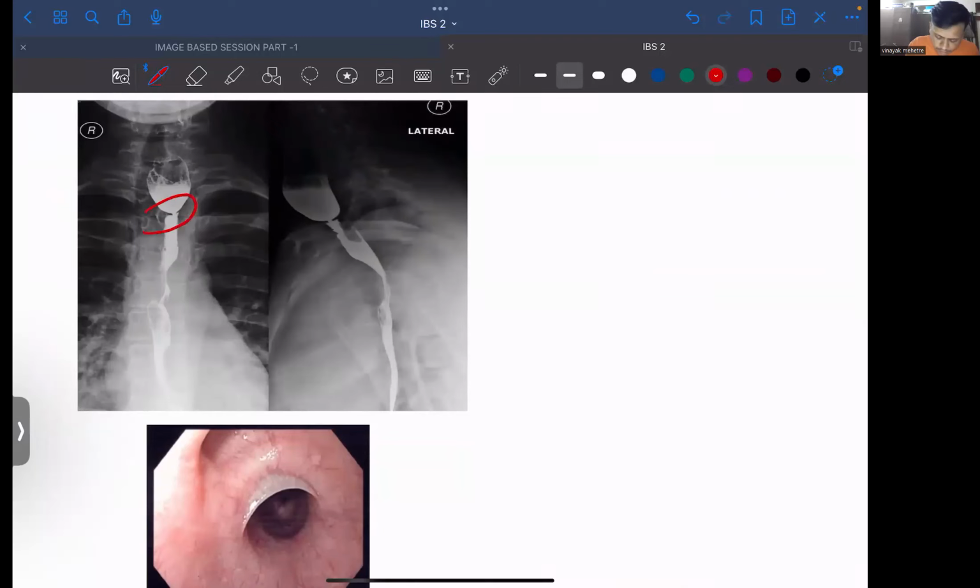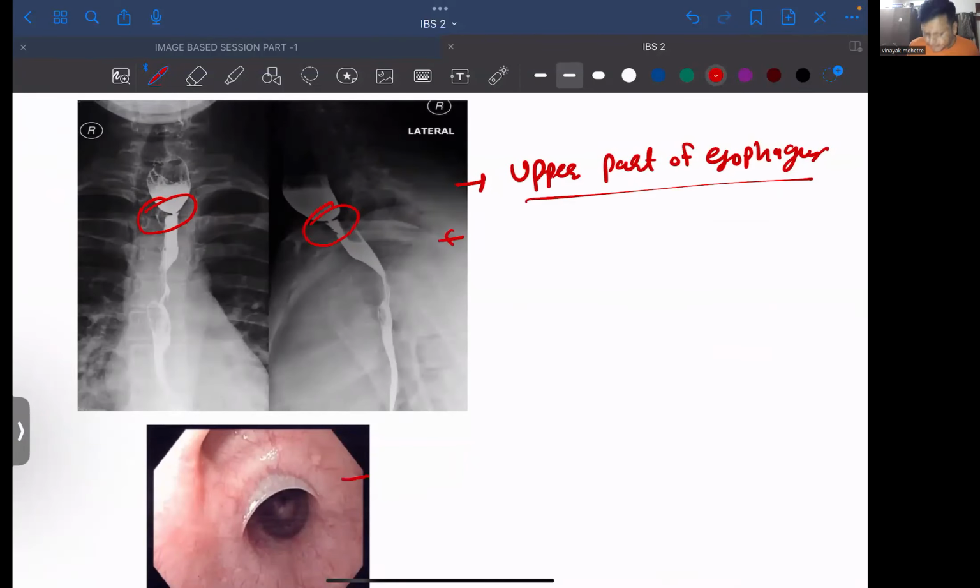Constriction in the upper part of the esophagus. Where will it be found? Upper part of the esophagus. This image will come to us. This rarely comes. So it is called esophageal web. Where will it be found? In the upper part.